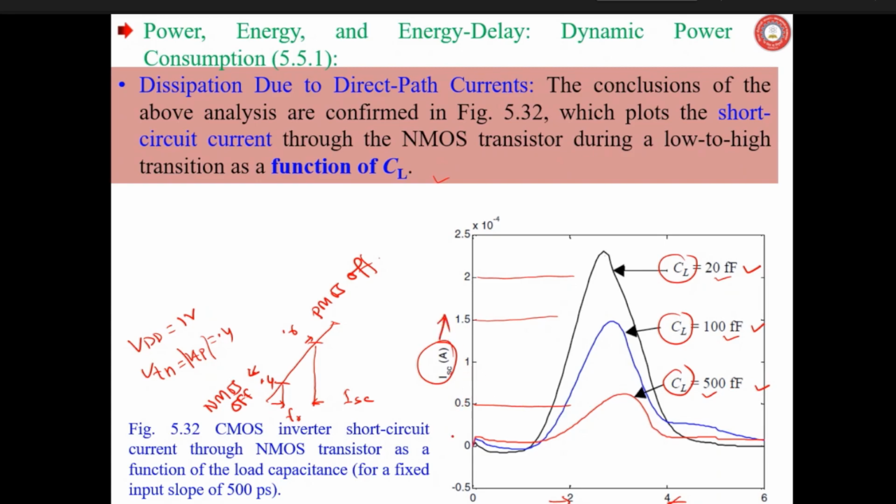This y-axis is your I short circuit. So you can understand that there will be a higher spike for a low value of CL.